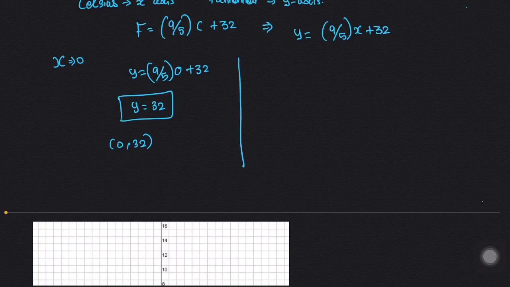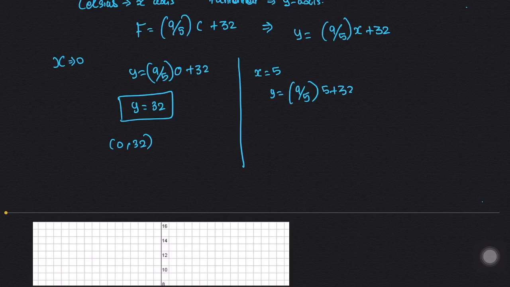The next one: the denominator term is 5, so I substitute a multiple of 5 for x. So x = 5. Now y = 9/5 times 5 plus 32. After cancelling, 9 plus 32 is equal to 41. So this point is (5, 41).